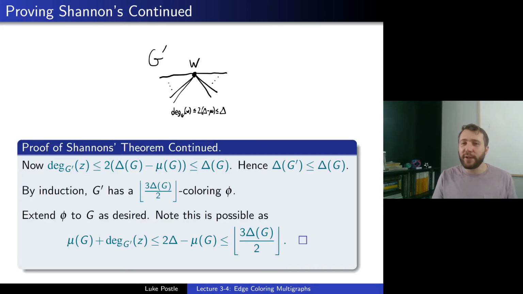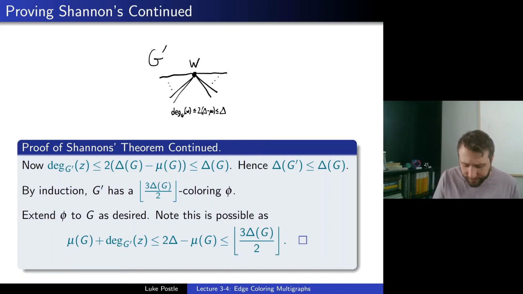So you just do a simple calculation to see that this extends. Why does this work? Well, there are at most degree of W colors around, and then we have to add mu colors. I claim that there are enough colors to extend this to mu, because we'll have at most 2 delta minus mu, which is then at most floor of 3 delta over 2.